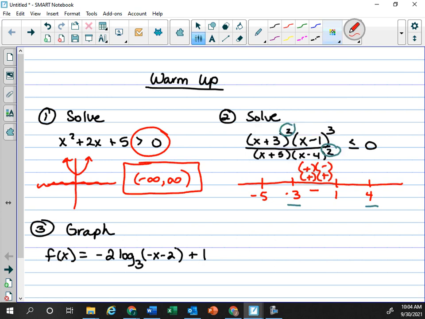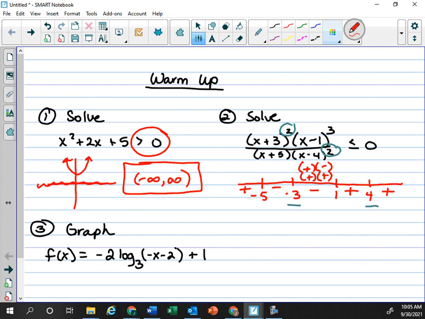Even, that's where it's going to bounce. It's going to do the same thing on either side of it. So for the -3, since it was negative on one side, it'll be negative on the other. But then it'll alternate after the next 0. Going to the right side, the 1 did not have even multiplicity, so it's going to alternate. But the 4 does, so it's going to be positive on both sides.